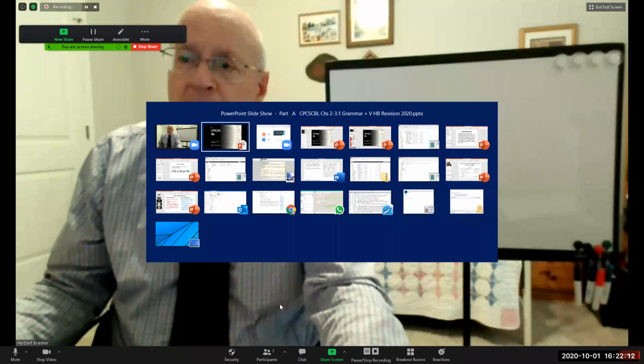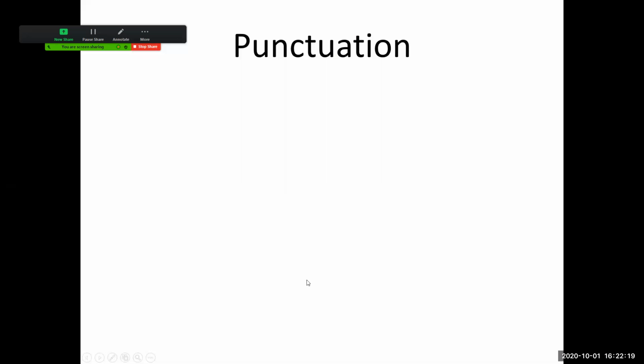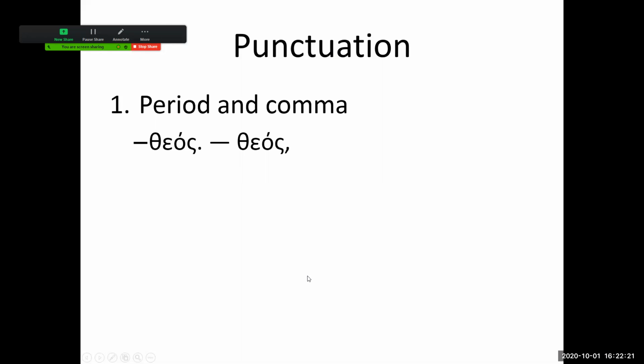In order to make the text more readable and accessible, though, all the Greek texts have added punctuation marks to help us. So let's look at them very briefly. We're in the process of building sentences, and the first punctuation marks would be a period and a comma.